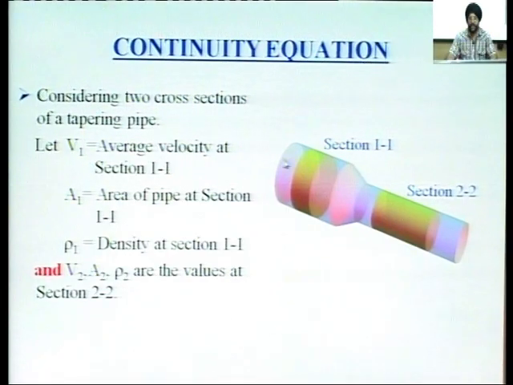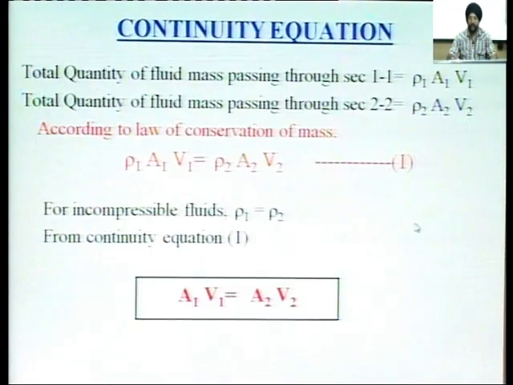If V1 is the average velocity at this section, A1 is the area of the pipe at this section, and rho 1 is the density at this section, and similarly V2, A2 and rho 2 are the values for section 2-2, then the total quantity of fluid mass passing through section 1-1 is rho 1 A1 into V1.